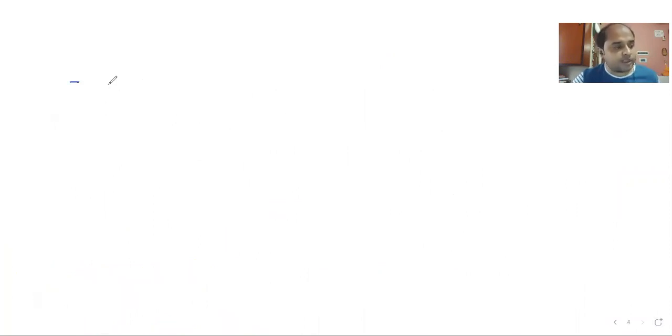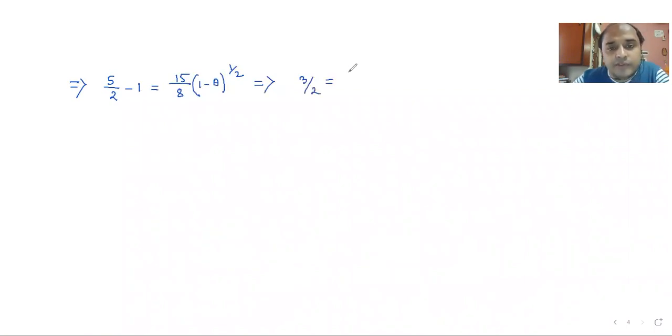The expression which I have got is 0 equals 1 minus 5 by 2 plus 15 by 8, 1 minus theta. So from there we can write it as 5 by 2 minus 1 is equal to 15 by 8, 1 minus theta to the power half. And this is equal to 3 by 2, 15 by 8, 1 minus theta to the power half.